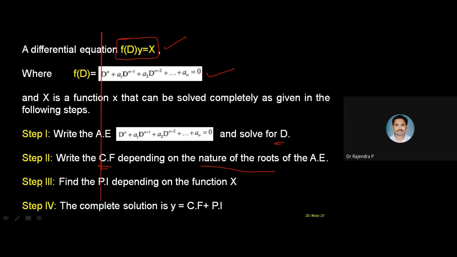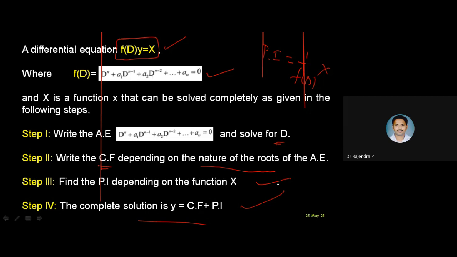After that, we'll get the particular integral by writing the particular integral as 1 by f of D into X. Okay, so that we can use in the third step to get our particular integral. Finally, we have to write our complete solution. I hope at this time you have understood all those things.